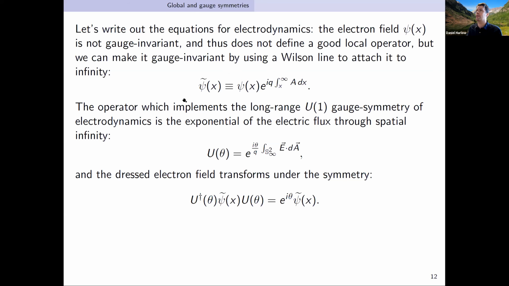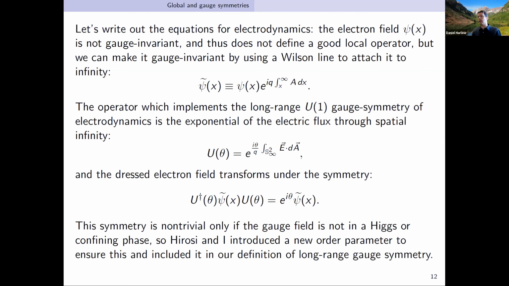If you conjugate this dressed operator by this U, then it transforms like e to the i theta. So the endpoint at infinity transforms under this conjugation by the electric flux. That's the basic idea of a long-range gauge symmetry.